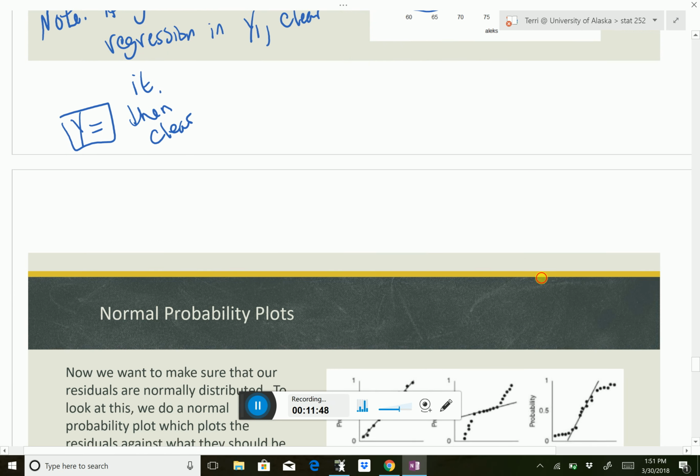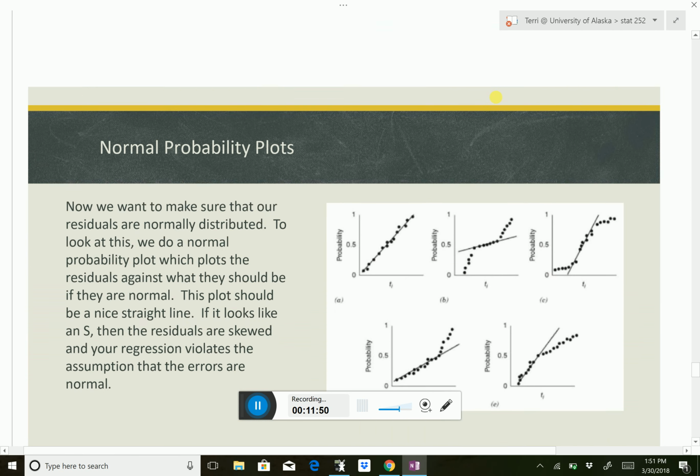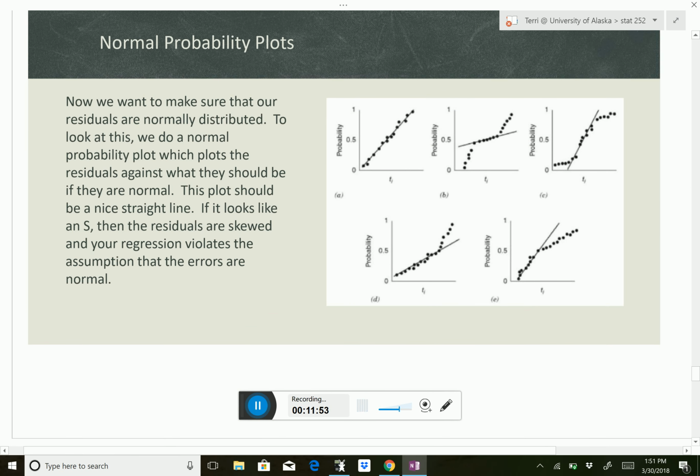So now let's talk about the next thing. Normal probability plots. Now a normal probability plot is going to tell you whether your residuals are normally distributed. Now when we look at a normal probability plot, they're plotting your actual numbers, your residuals, against where they should be, okay?